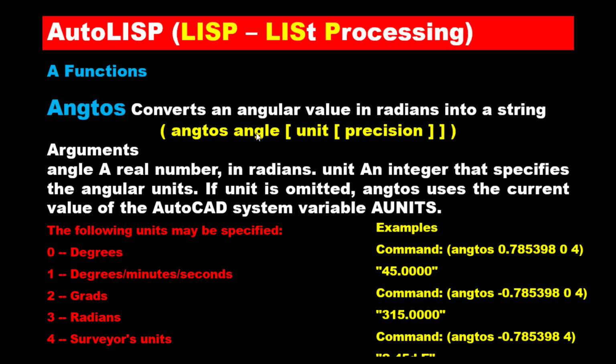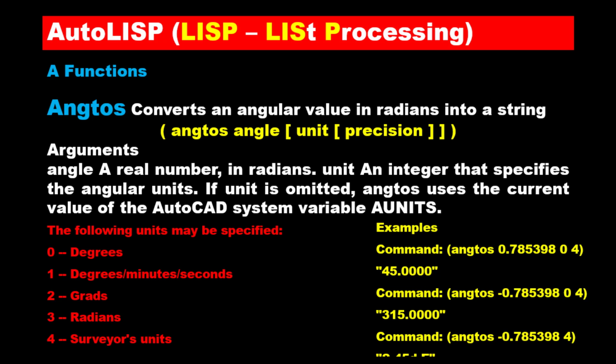So this angle will be the radian value, and unit, which unit we want. It means from radians we can convert into decimal degrees, with the precision. The precision means we can control how many decimals we want.